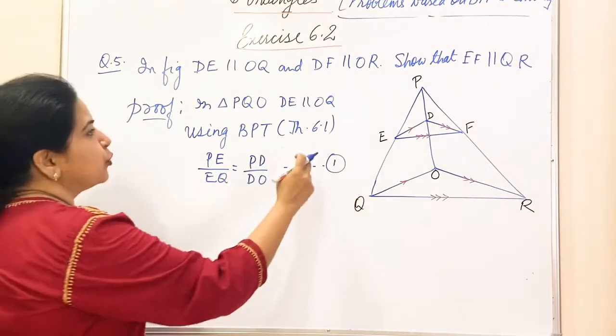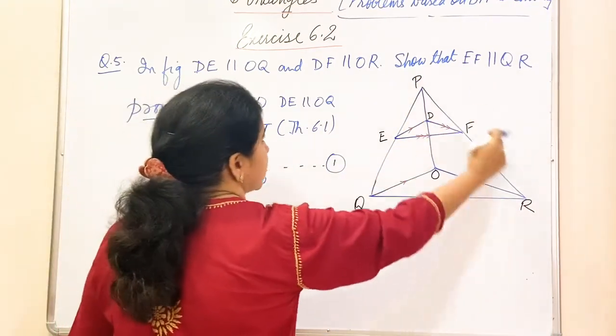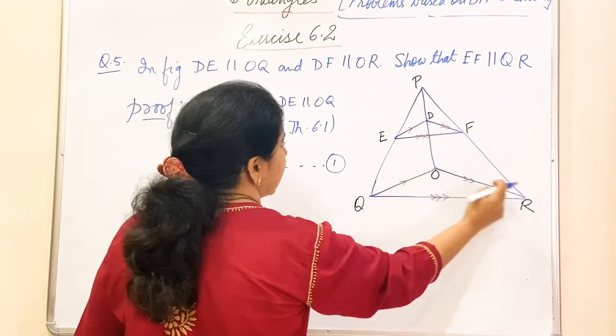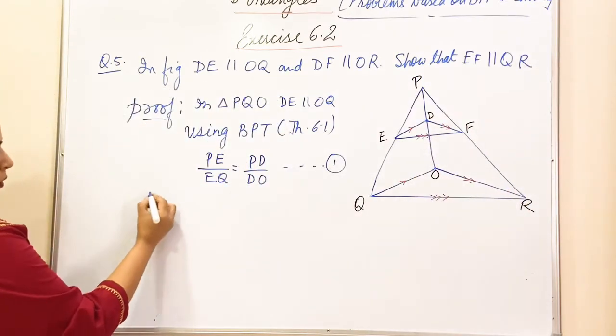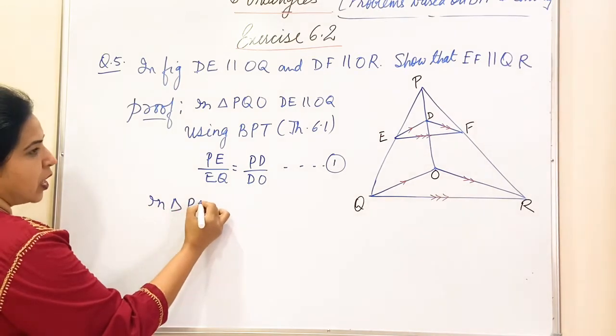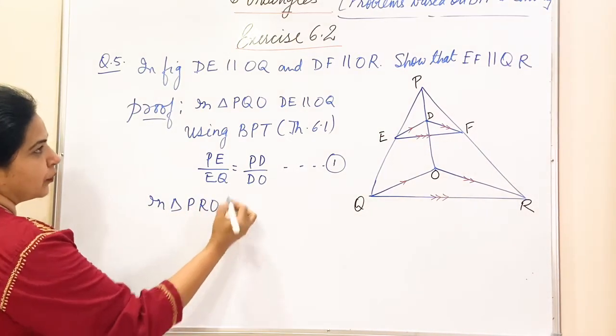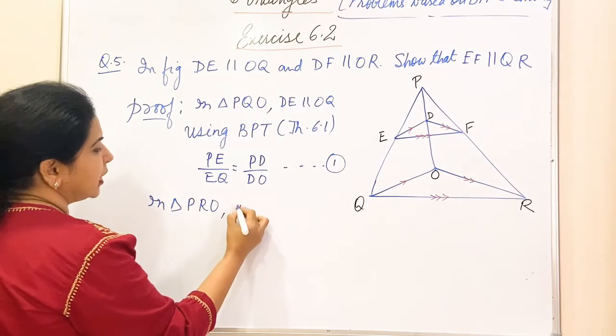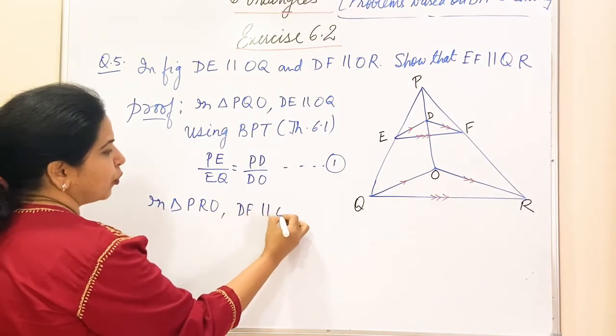Similarly, we have to use BPT in this triangle where DF is parallel to OR. So in triangle PRO, given DF parallel to OR.